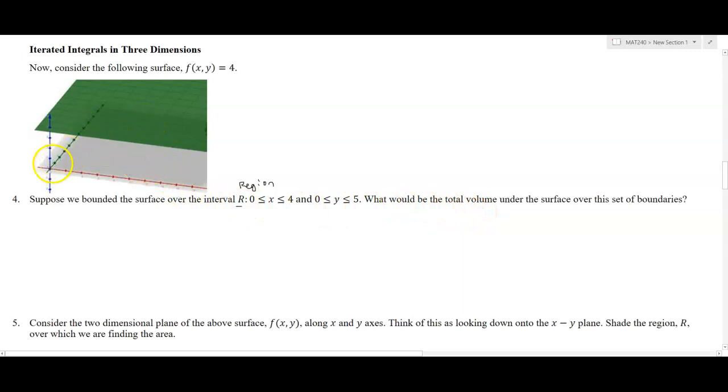Well, the way I want to think about this is if this is my x-axis here and this is my y-axis over here, then I want to look at the boundaries of this region. That's about 0 to 5, and then 0 to 4 would take us over here somewhere.